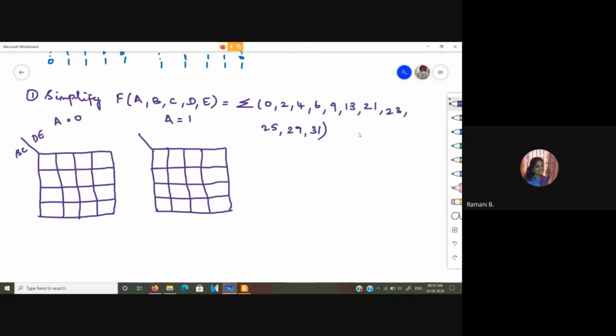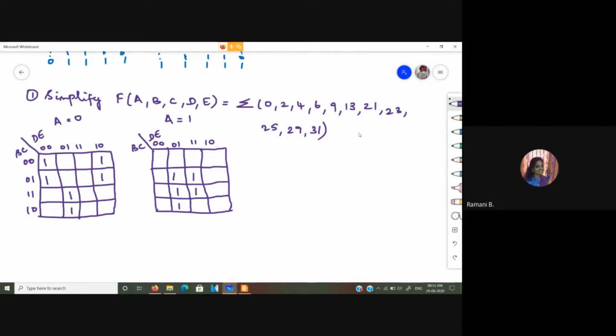So this is corresponding to a equal to 1. We have 0, 2, 4, 6, 8, 9, 10, 11, 12, 13. Then we have 16, 17, 18, 19, 20, 21, 22, 23, 24, 25, 26, 27, 28, 29, 30, 31.